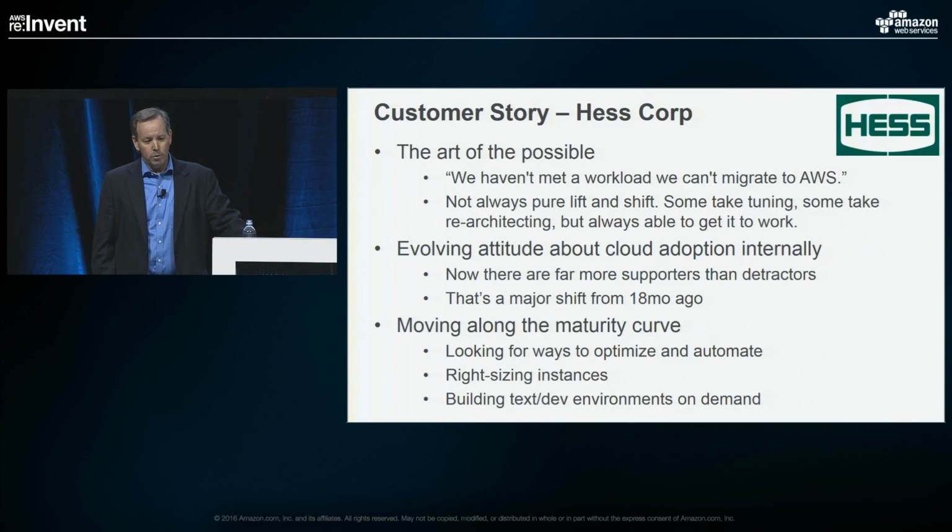The most important thing that I want to share, as Zlatan shares all these really cool tools and technologies that Amazon is coming out with literally every week and every month, is that this is a significant maturity curve for our company. Every day we're looking for ways to optimize and automate.